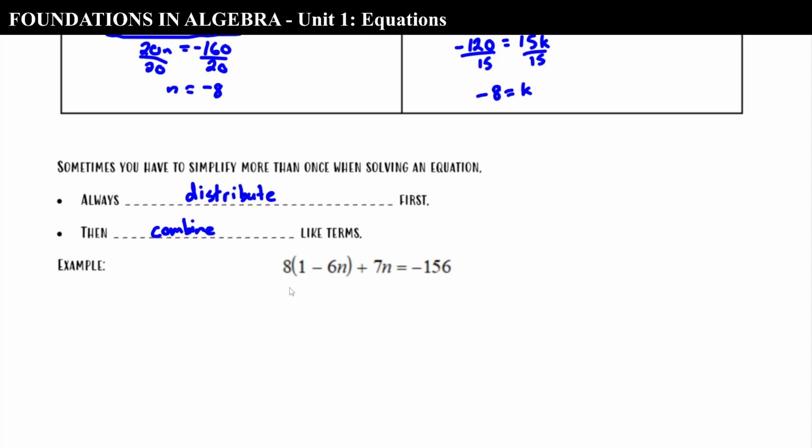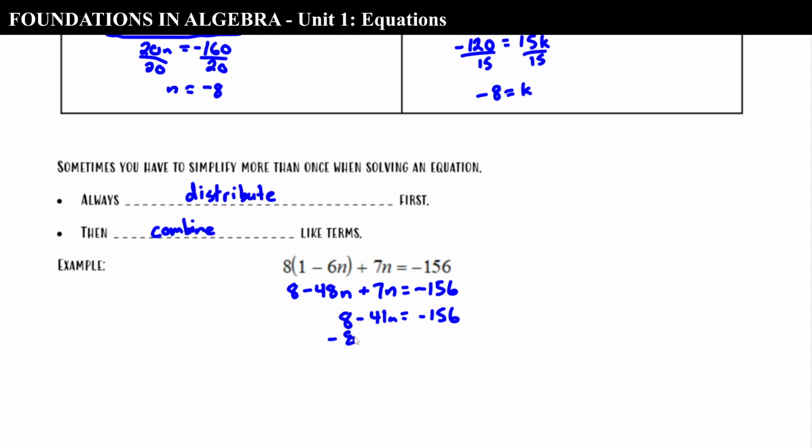8 times 1 is 8. We're distributing first. 8 times negative 6 is negative 48. So that gives us negative 48n. Then the 7n sticks around. And then we have negative 156 on the other side of the equals. Now we're going to combine these like terms. So that gives us 8 minus 41n equals negative 156. And now we move things from one side to the other.